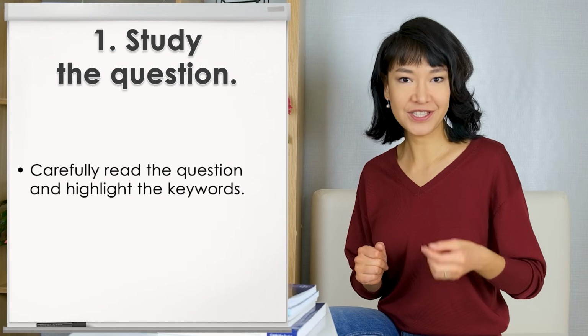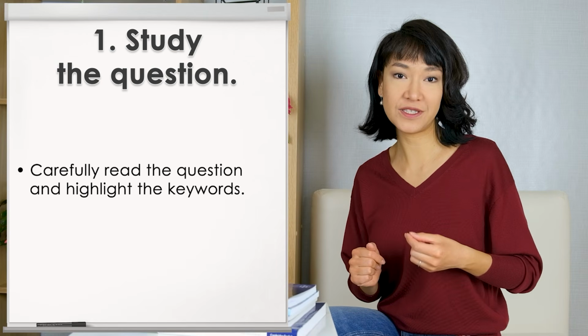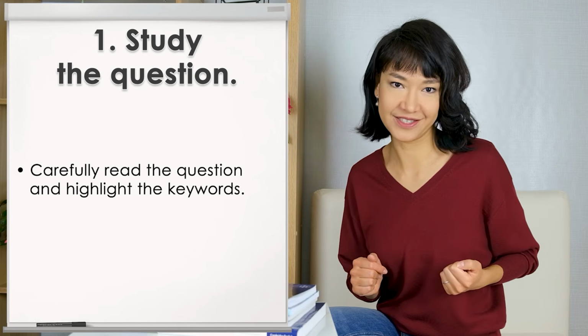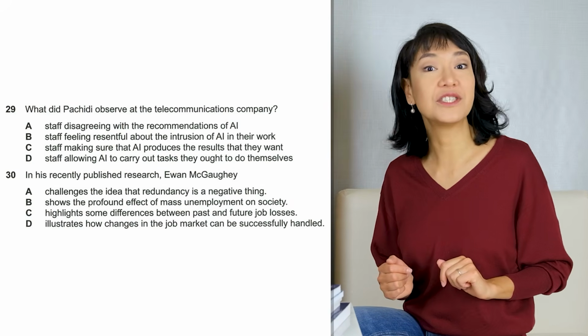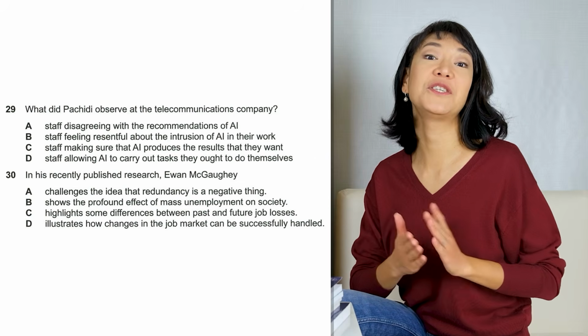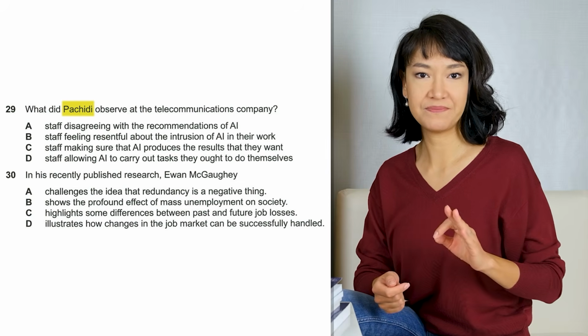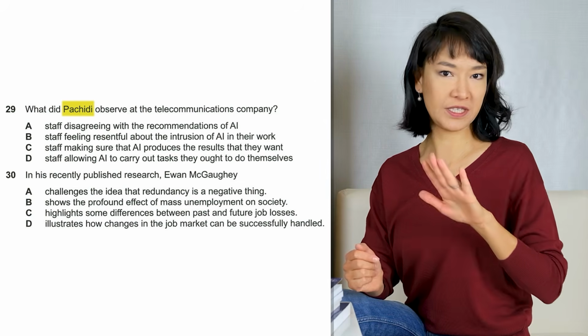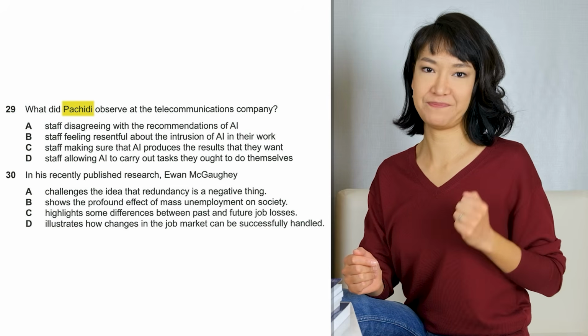First of all, carefully read the question and highlight the keywords that can help you locate the answer. Actually, quite a few of these questions tell you exactly where it is. In the first paragraph or in the second paragraph. Some don't. Have a look at question 29. We have a surname, Pachidi. Surnames are always keywords. Highlight them.